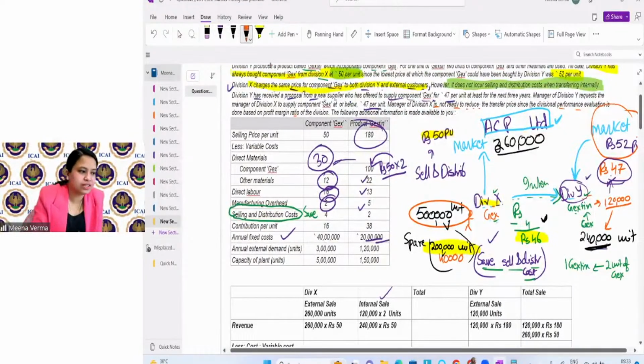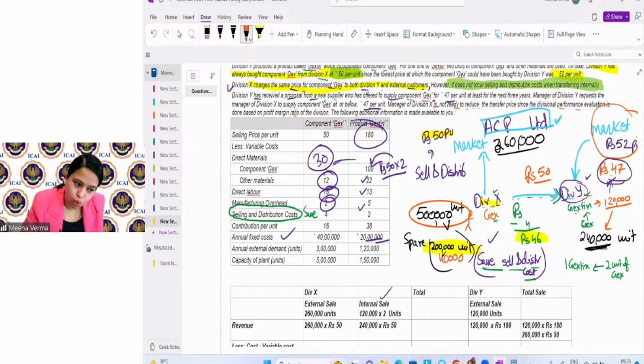They are actually transferring the goods at rupees 50. But you know that instead of transferring the goods at rupees 50, it is okay if we transfer the goods at rupees 46, because we are not incurring this 4 rupees selling and distribution expense here.